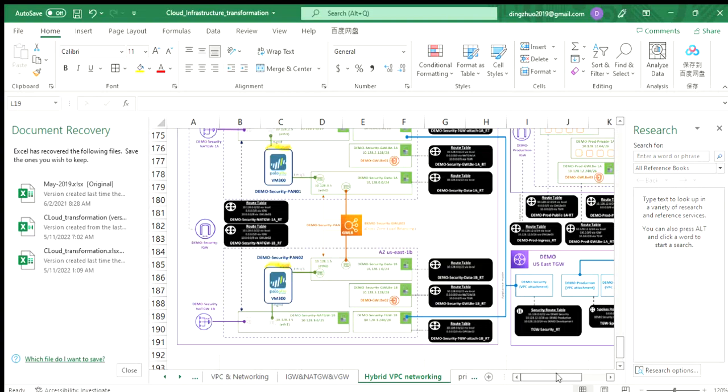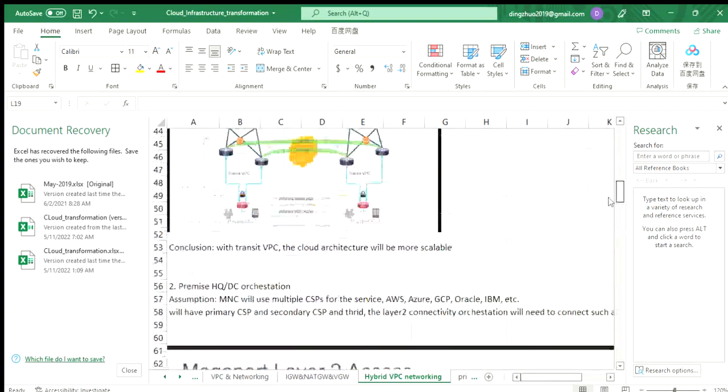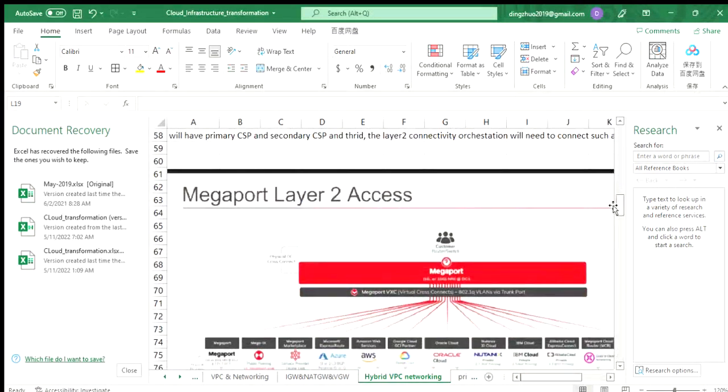Second, we're going to have the client-side orchestration design set up to connect with multiple cloud service providers. The third, we're going to build up a dedicated security VPC. Best practice for the security VPC is using gateway load balancers, and through the gateway load balancer and gateway load balancer endpoints, connect and attach to different VPCs.